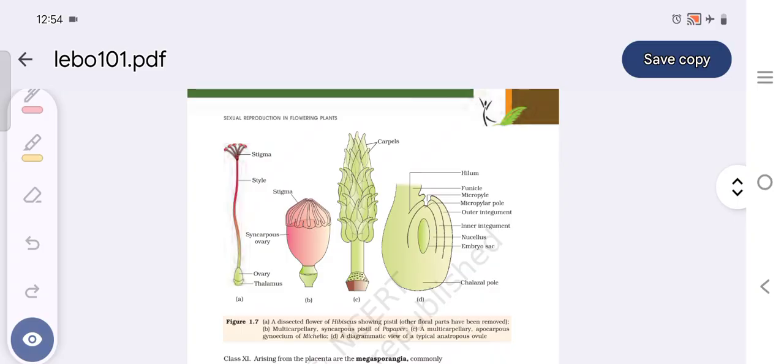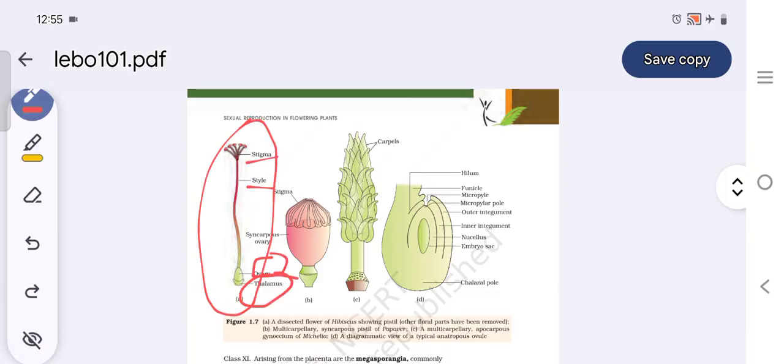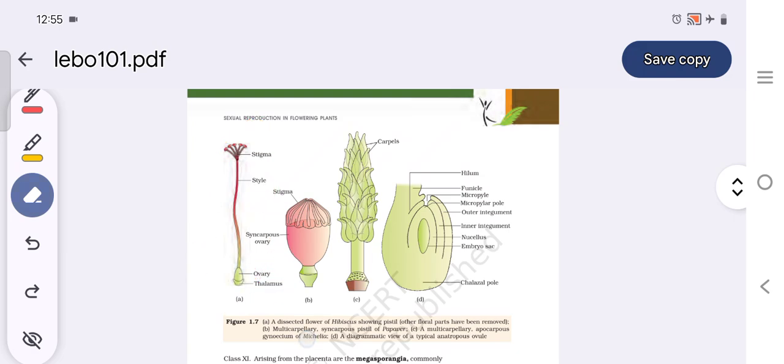So you have the thalamus, over the thalamus you have the ovary, then the tube-like structure which is the style, and the stigma. Now you have the diagrams there, again very important. The second diagram shows the multicarpellary and syncarpous condition of Papaver. That's Papaver. You have reference to this Papaver in later chapters.